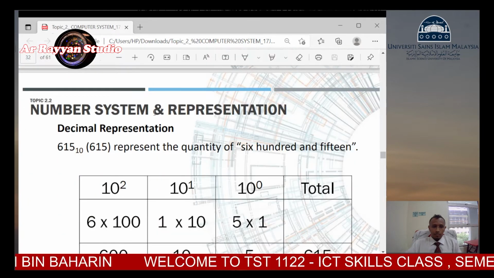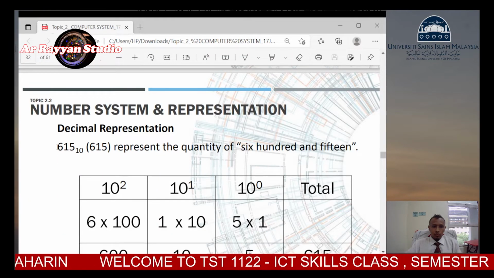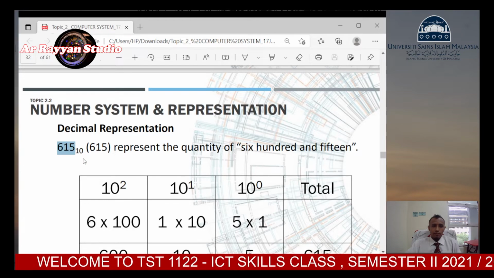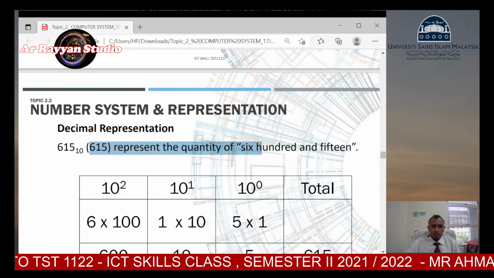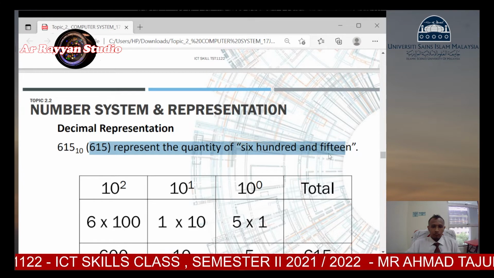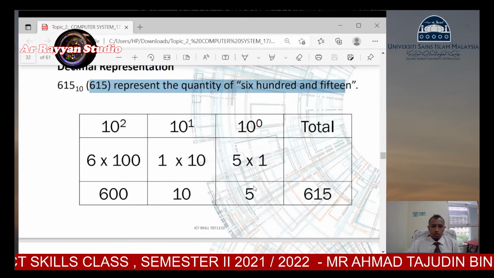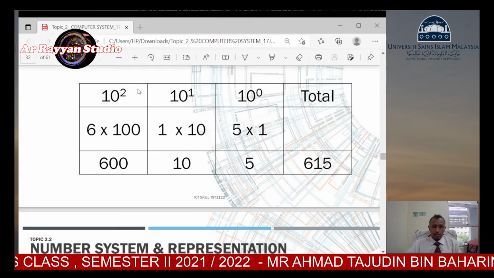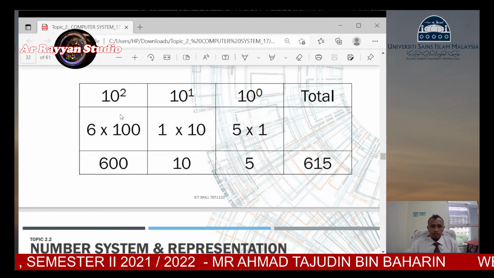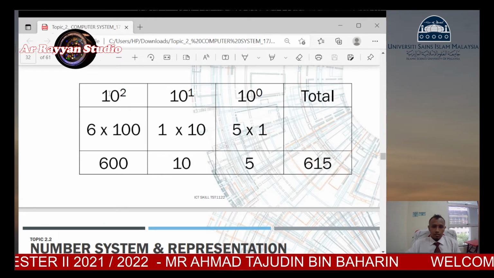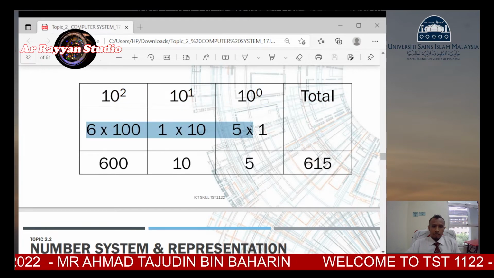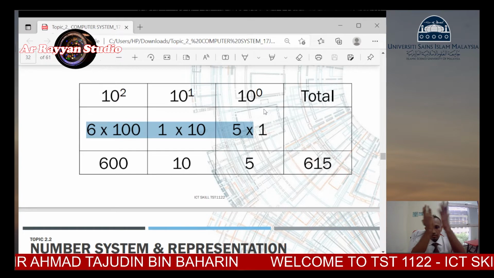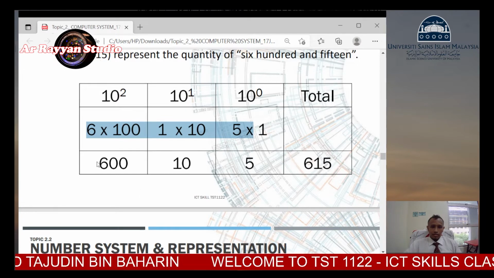Okay, so decimal representation. So we have 615 base 10. So 615 represent the quantity of 615. So we can make it like this. Alright, so this is base. Okay, and then this is the numbers that we chunk. Okay, so it become like this.